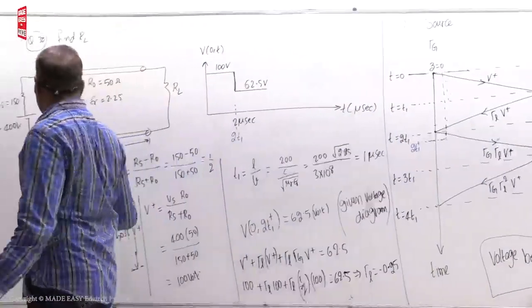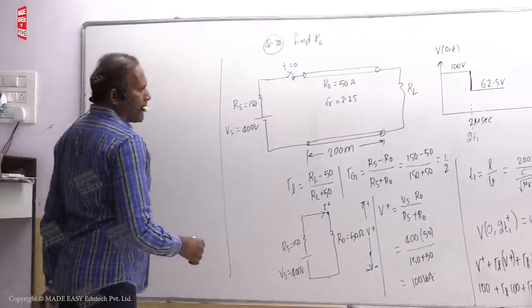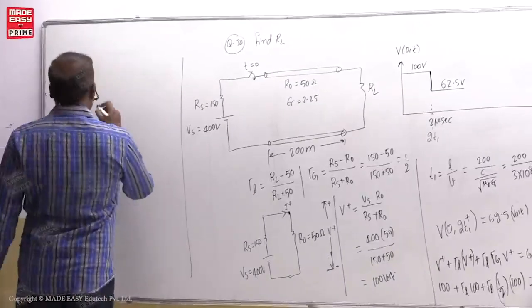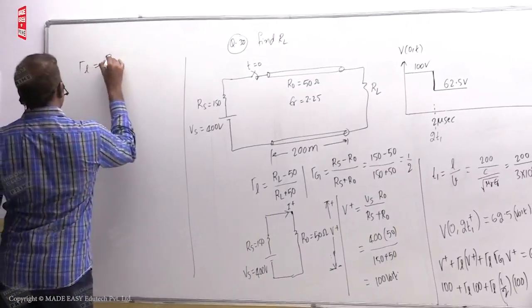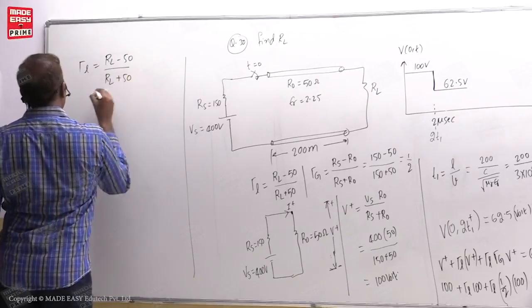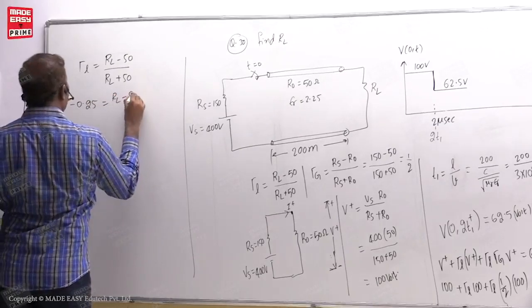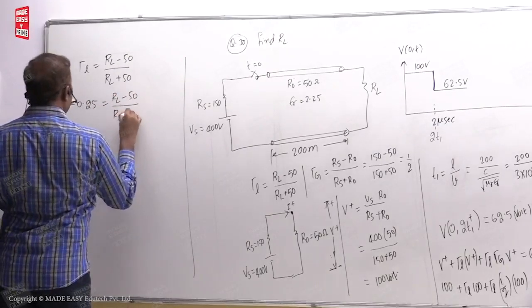Gamma L you got, from that you can find RL. So that is the procedure. I am writing here gamma L is equal to RL minus 50 divided by RL plus 50. This is minus 0.25 is equal to RL minus 50 over RL plus 50.